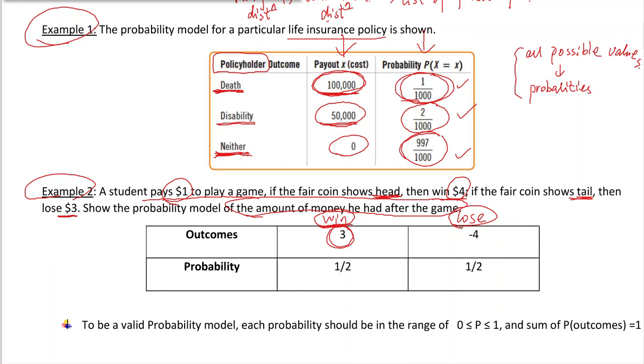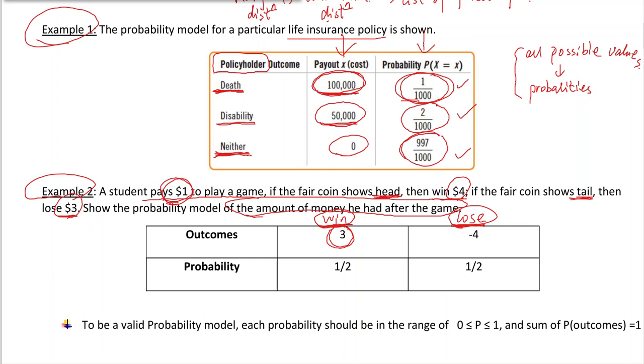And then if he loses the game, that means the fair coin shows the tail. Then he will lose $3, right? And at first, the student also paid $1 to play this game. That means totally he loses $4, right?